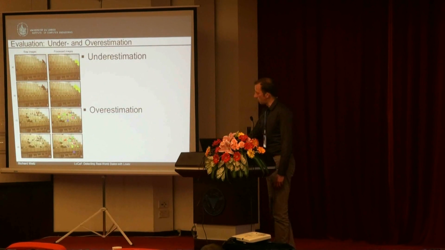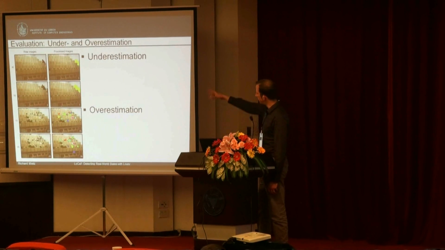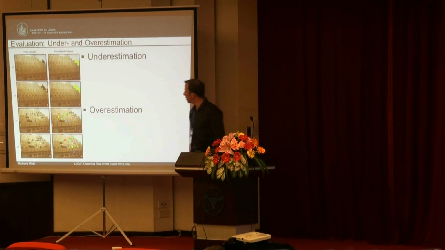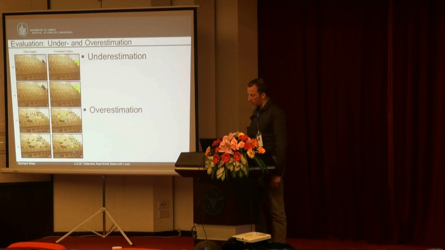So what will happen is that you will see these pictures. Here on the left is the original picture. On the right we have the processed picture with the block detection. And the numbers down here say the original number on the left and the estimated number on the right. So in the first picture we have one guy coming to the lecture hall, and one guy is also detected. But we will have some underestimation.